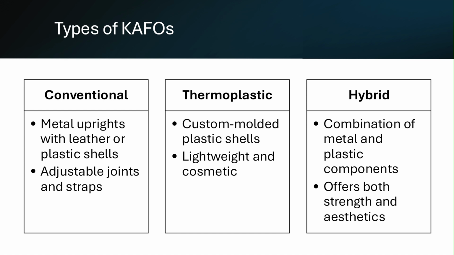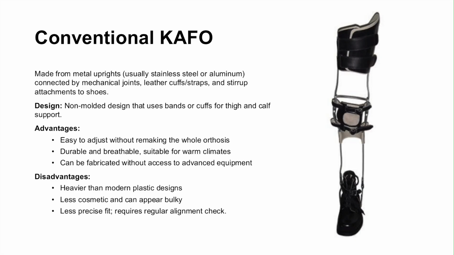And also we have hybrid KAFO that combine the strength of metal with the precision and fit of plastic. Each design, conventional, thermoplastic, and hybrid, serves a specific purpose depending on the patient's physical needs and goals. Alright, we will look at the details of each of these types of KAFO.